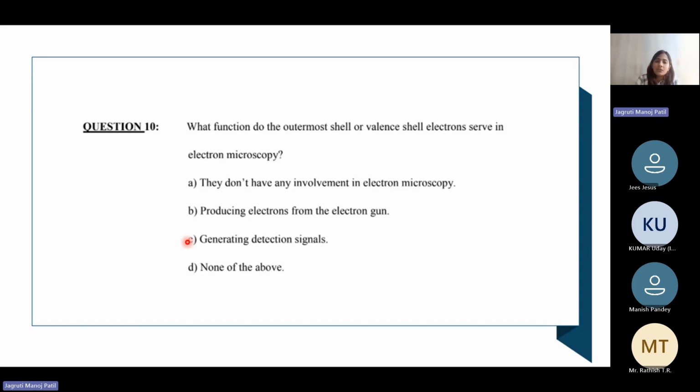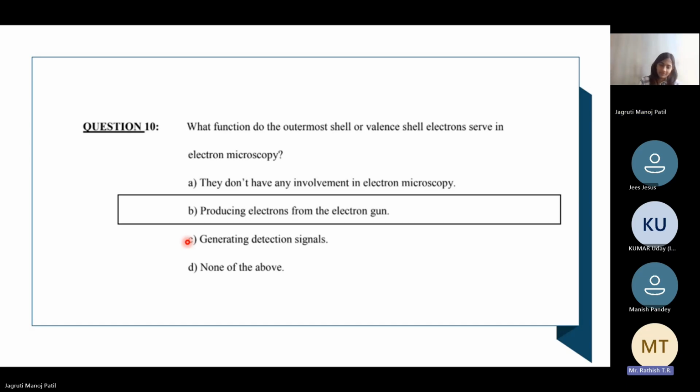What function do the outermost shell or valence electrons serve in electron microscopy? Do they have no involvement, generate detecting signals, or produce electrons from the electron gun? Option B, produce electrons from the electron gun.